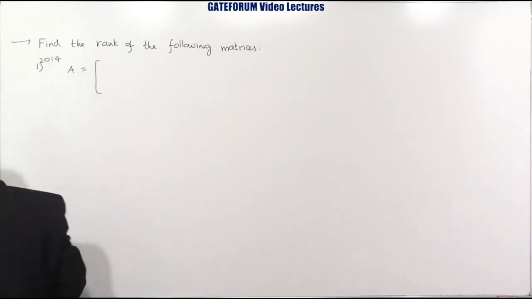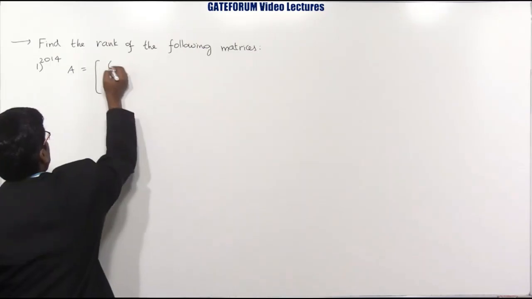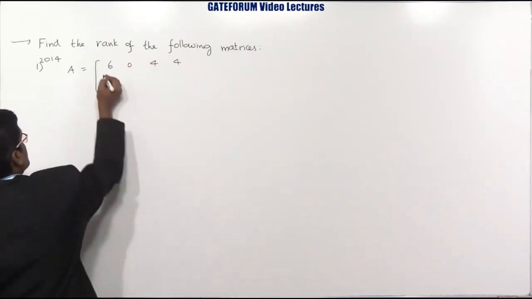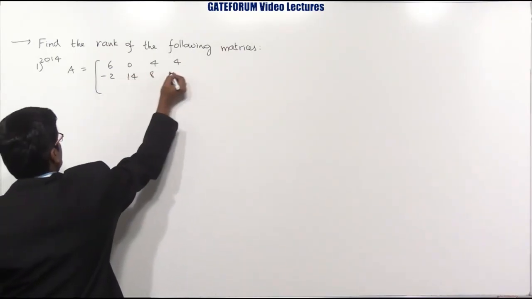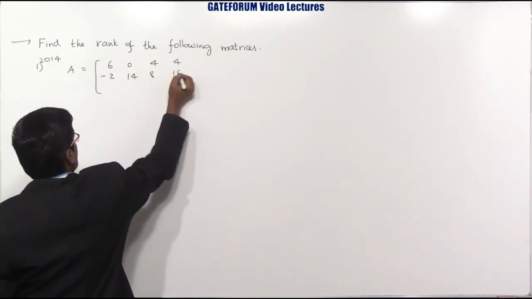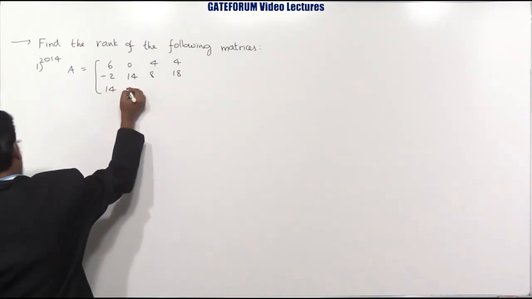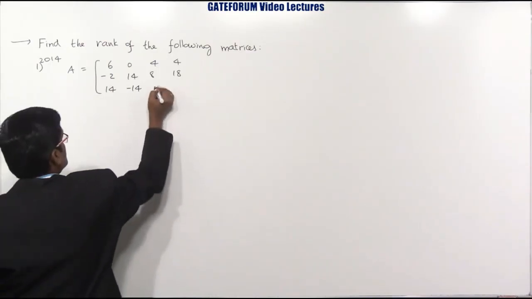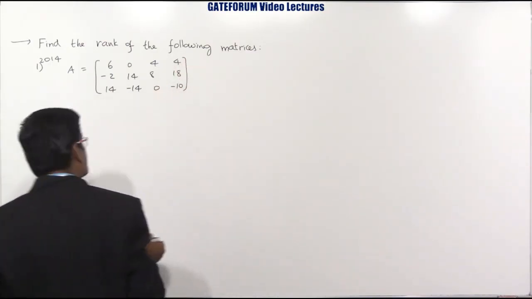A is equal to 6, 0, 4, 4; minus 2, 14, 8, 18; 14, minus 14, 0, minus 10. A 3 cross 4 rectangular matrix.